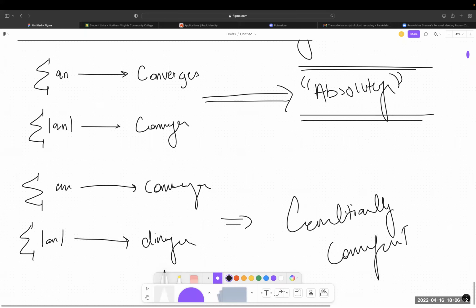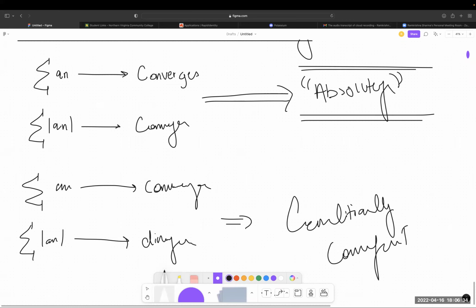So some problems just say, test if it converges or diverges. But other problems will actually ask you, is it divergent, is it absolutely convergent, or is it conditionally convergent? There's no such thing as conditionally divergent, so don't even worry about that. You're either divergent or you're not.